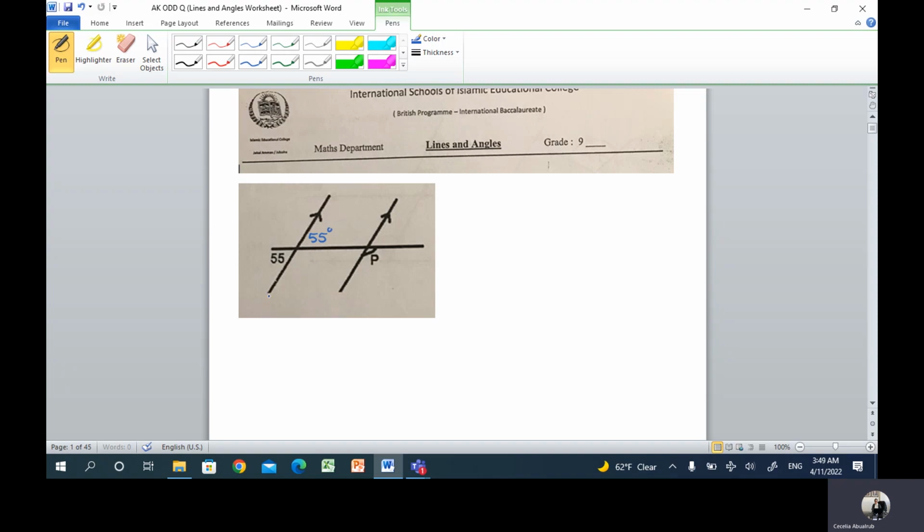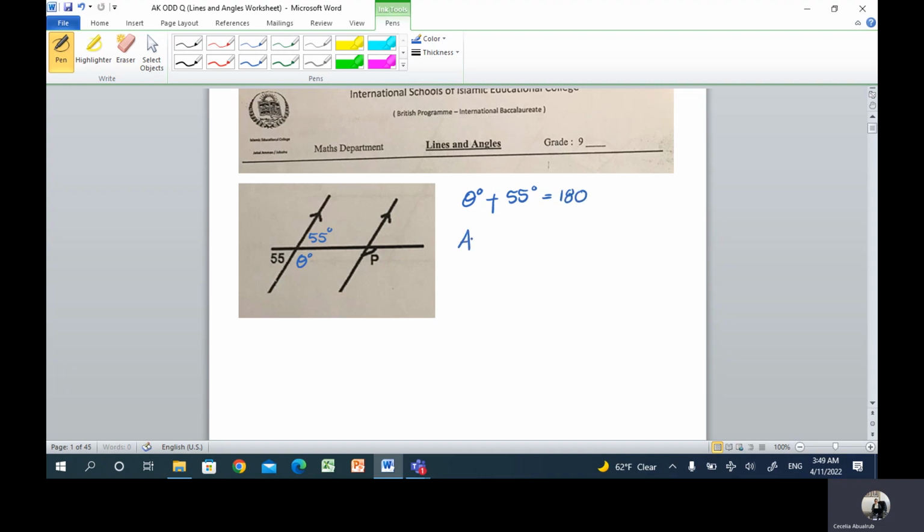Because they are vertically opposite angles. If I call this unknown angle theta, then always start with the unknown: theta plus the 55 is equal to 180.